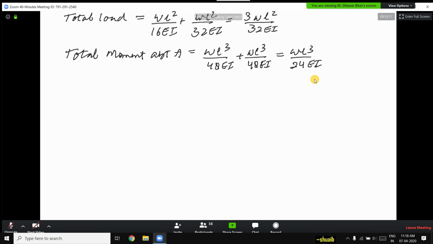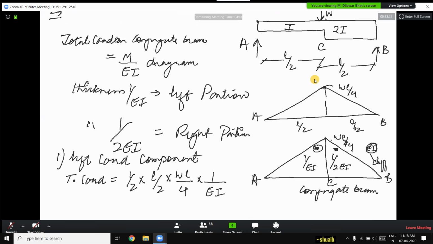Fine. Now, as we already know from the previous slides, we have calculated the total load and the total moment about A. This is your point A, for which we have divided the figure into two compartments.